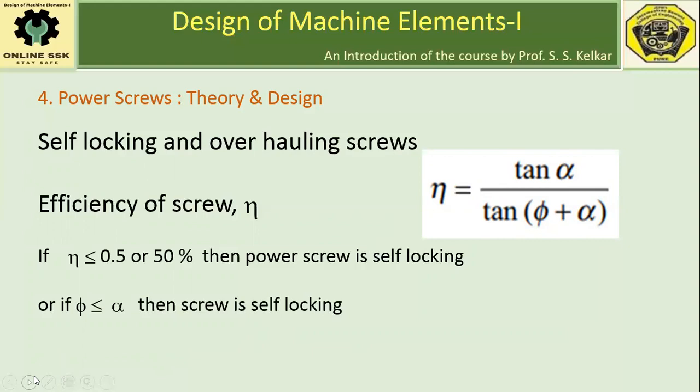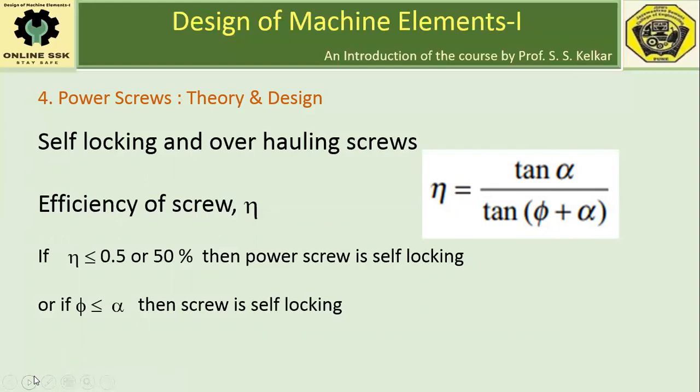Whereas in case of an overhauling screw, suppose you are lifting the load and at a particular point you stop applying the effort or the torque required to lift the load, then the load gets lowered down of its own. It is not held or sustained in position. That is called an overhauling screw.